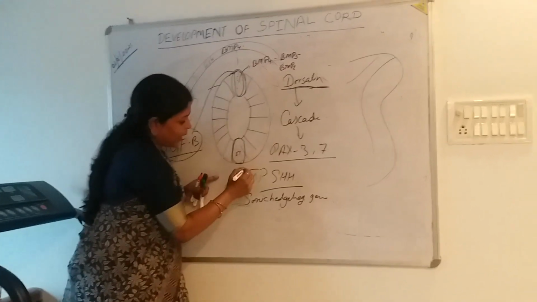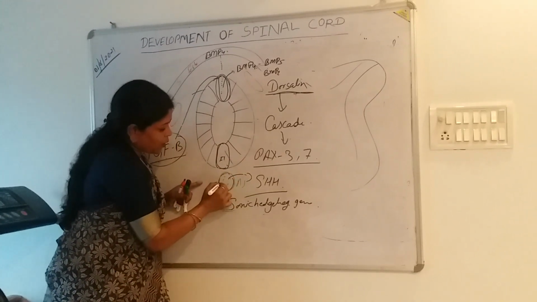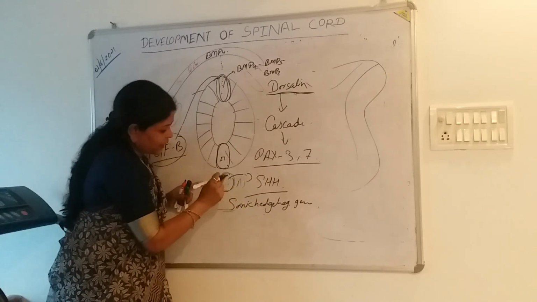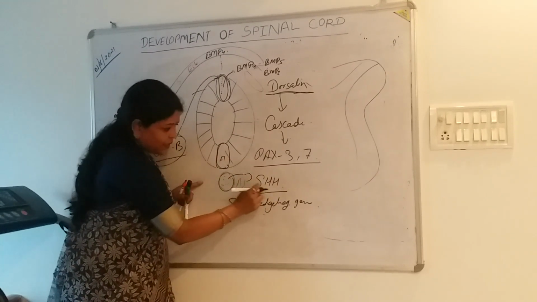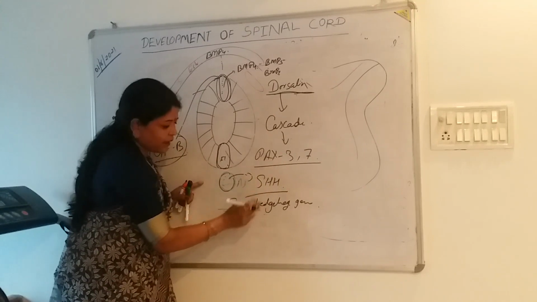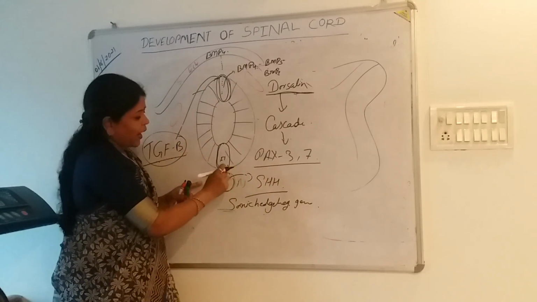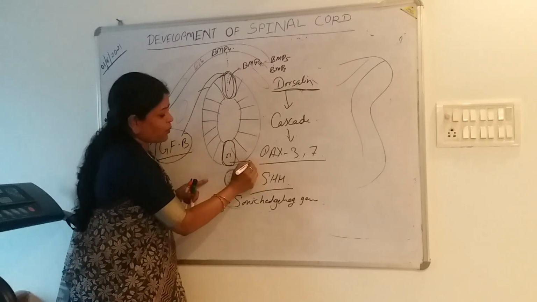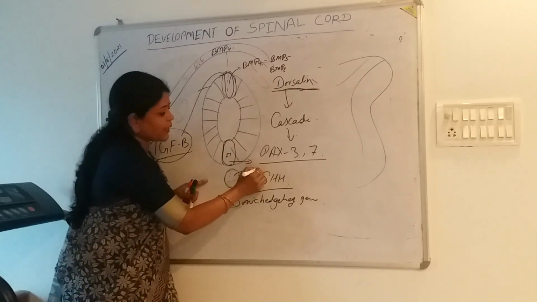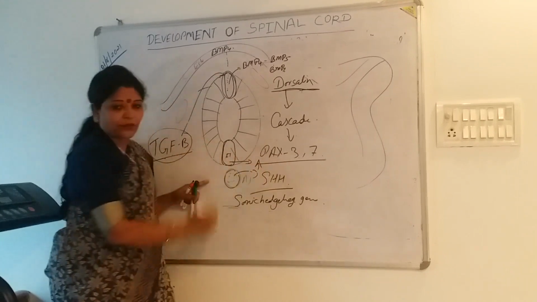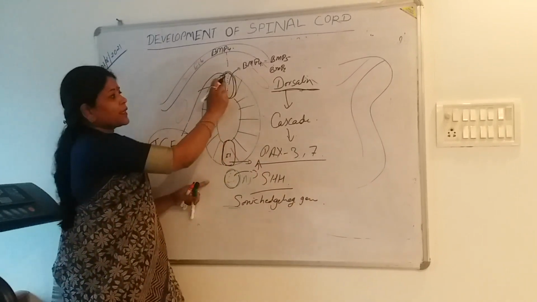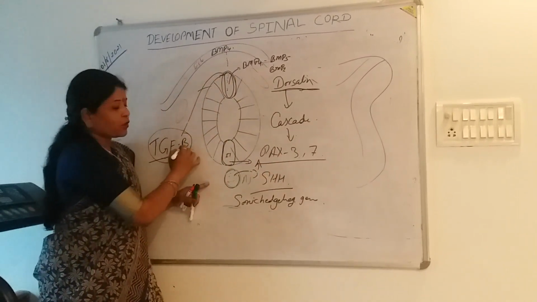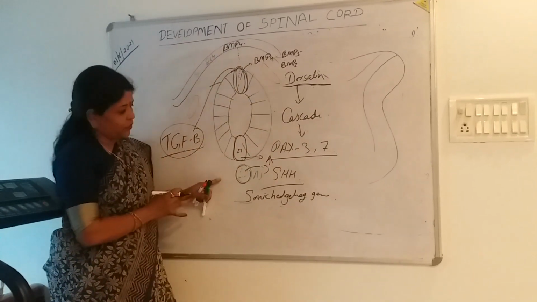The floor plate also expresses sonic hedgehog in the highest concentration. On the other side, there is transforming growth factor B in the highest concentration.